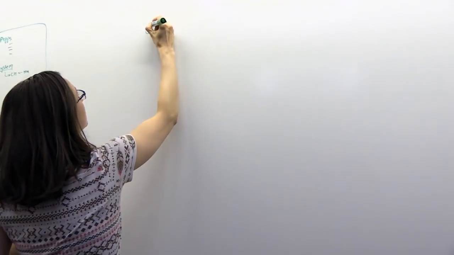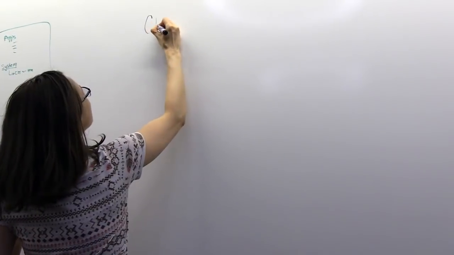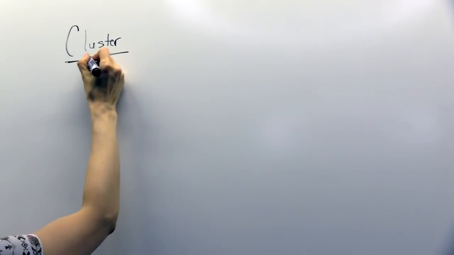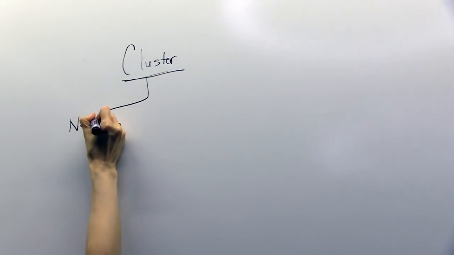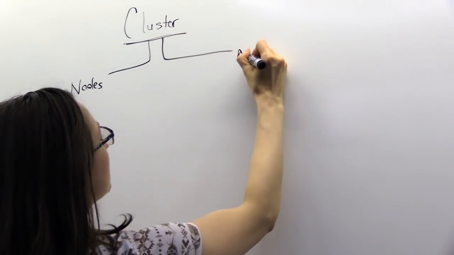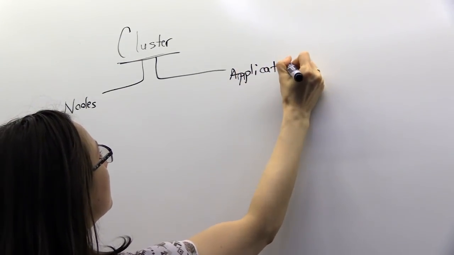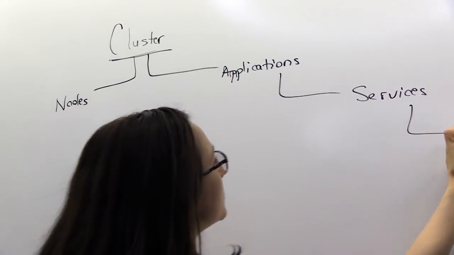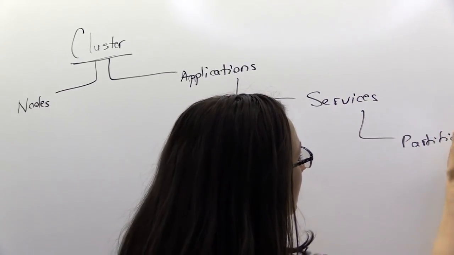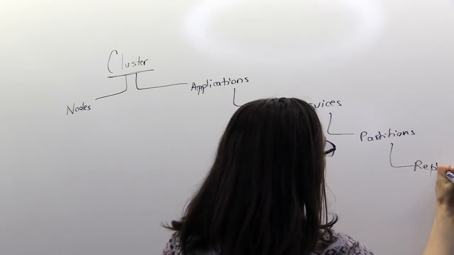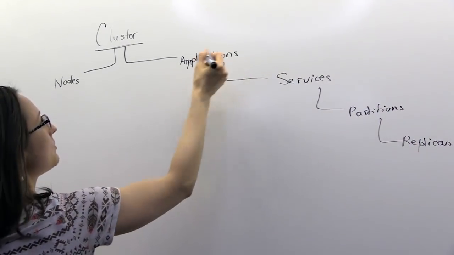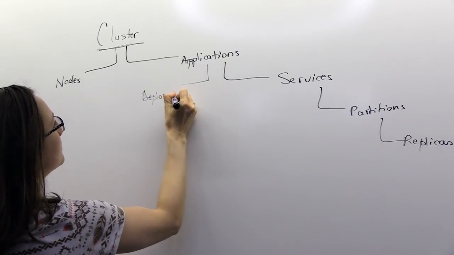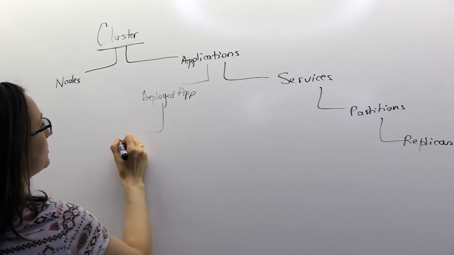You will have the cluster entity, and under this cluster you will have nodes, and then you have applications, and the applications will have services, partitions, and replicas. On the other side, these applications are deployed on a node, so we have deployed application. And under deployed application, we have deployed service package.